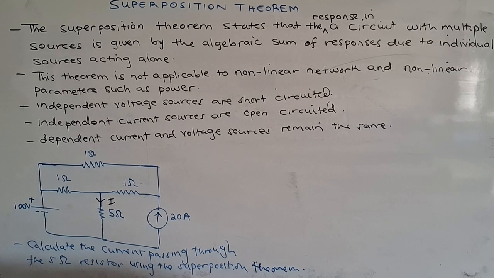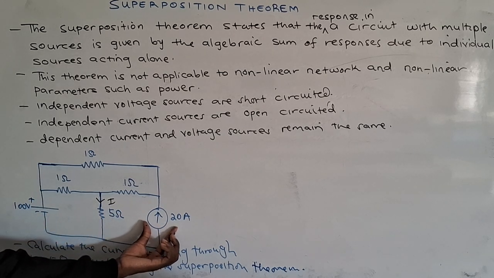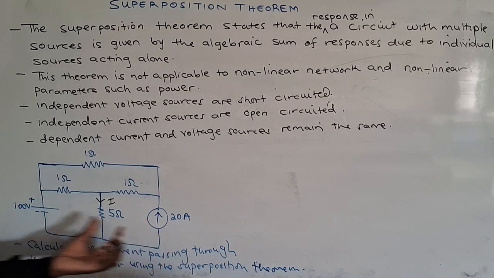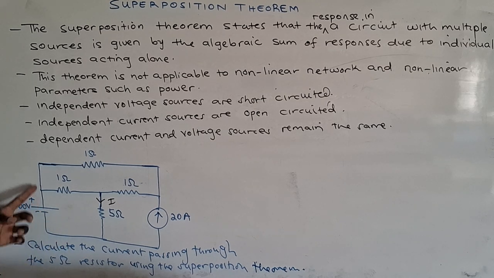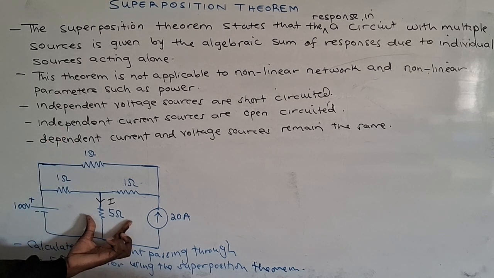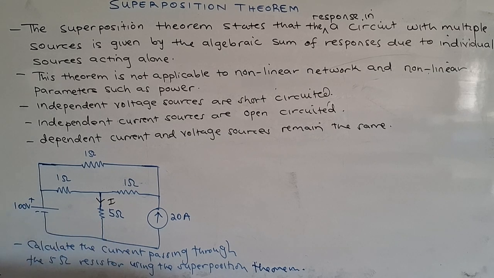And in order for us to do this, I am going to open circuit this and remain with this. Then you can calculate the current passing through this 5 ohm resistor due to this voltage source.